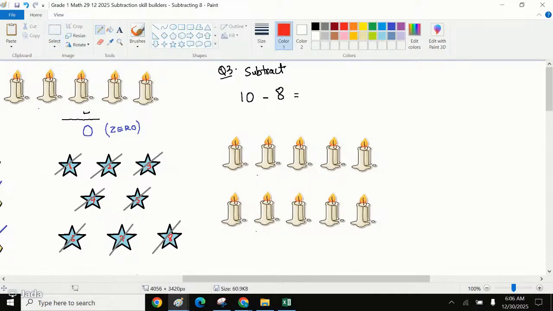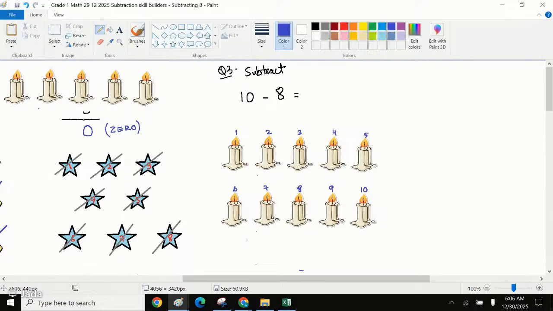Agreed? So out of these 10 candles, if we number them 1, 2, 3, 4, 5, 6, 7, 8, 9, and 10. Out of these 10 candles, if we have used 8 candles, how many candles should be left?